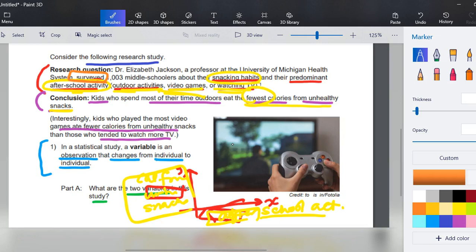That is an observation. That is talking to middle schoolers. It is not manipulating where you have an experiment where you have a control group and a treatment group. It's simply observational. We are not allowed to say cause and effect.